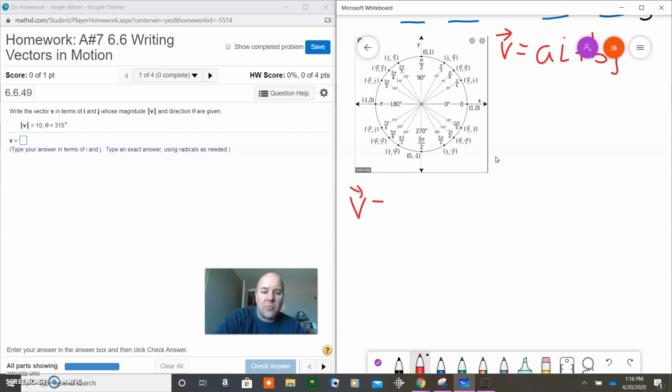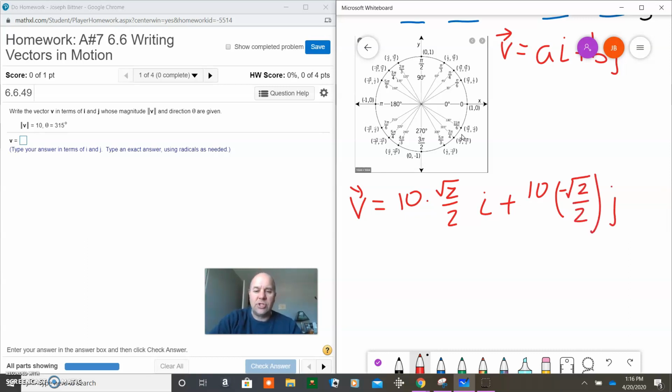The vector is going to be written as 10, because that was the magnitude, times the square root of 2 over 2, because that's the x value. I just went ahead and did cosine at 315, i, plus, and really it's the same thing over here, except whenever we do y in this quadrant, it's going to be negative square root of 2 over 2, and then j.